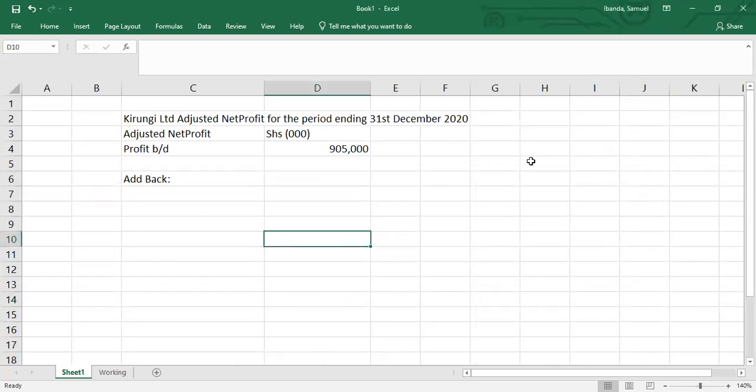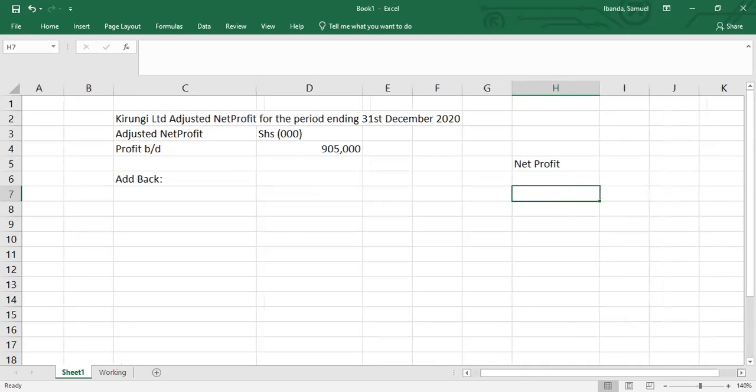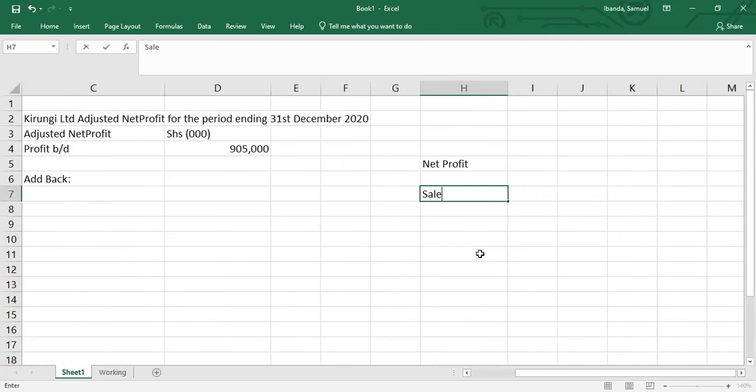Now, when we are determining net profit, we go through these respective steps, from just the format of how a P&L looks. Of course, we have the sales, which would be there.